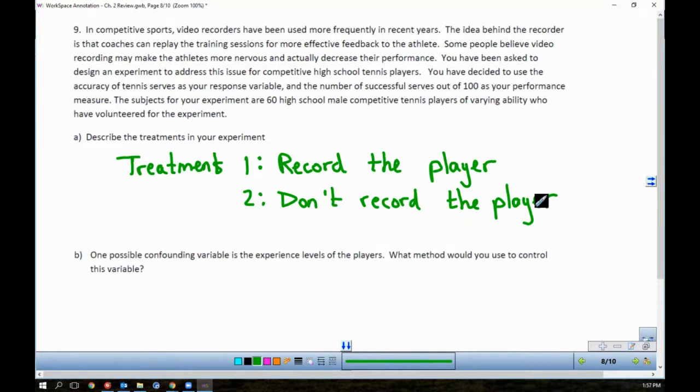Part B tells us one possible confounding variable is the experience levels of the players. What method would you use to control this variable?